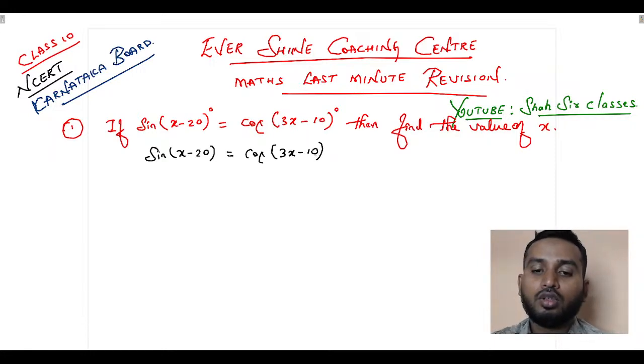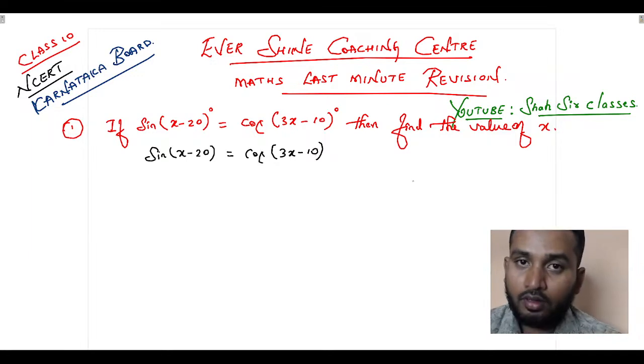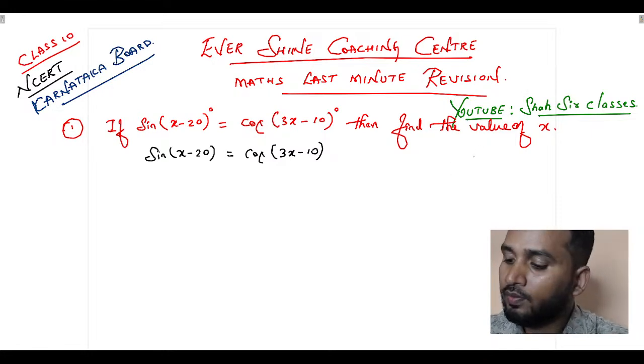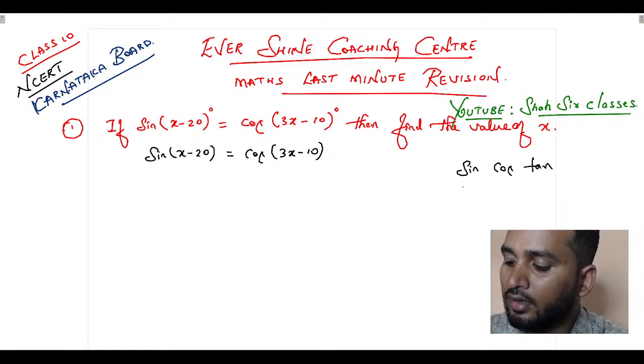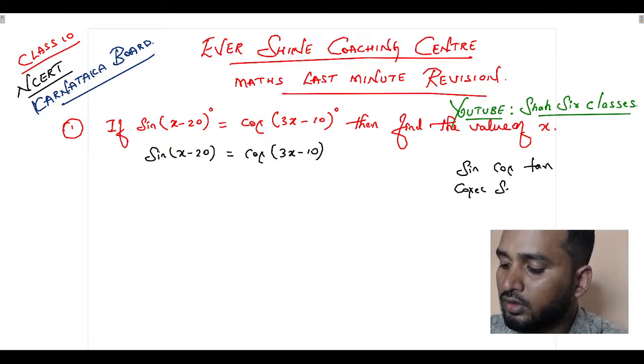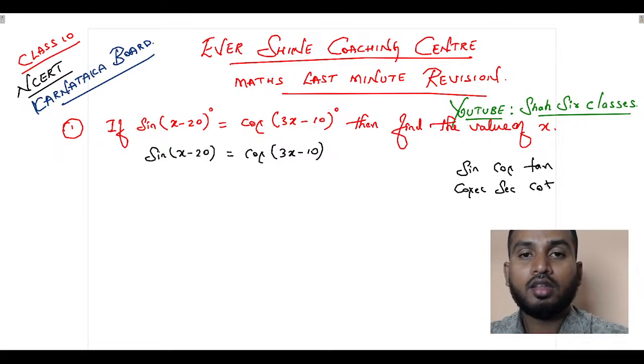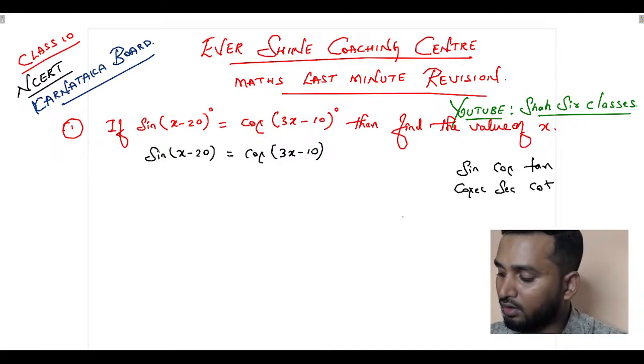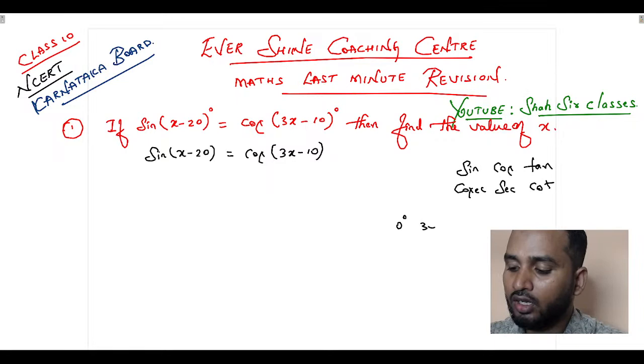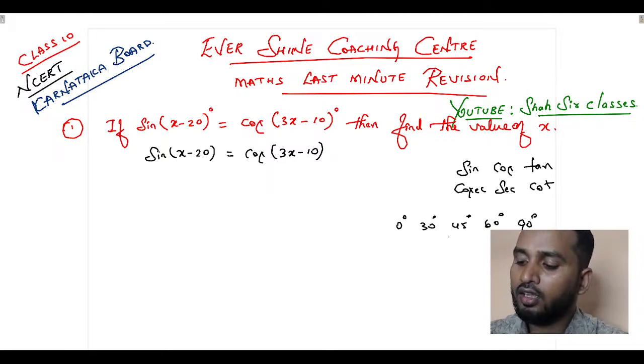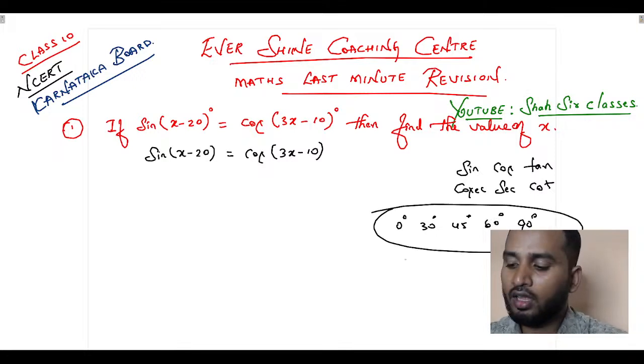Now you may have noticed one identity, one important trigonometric concept. Remember this logic: sine, cos, tan, cosecant, secant and cot. See children, in a problem, in case you get 0 degree, 30 degree, 45 degree, 60 degree, 90 degree, we have a table called the trigonometric standard angles table, isn't it?